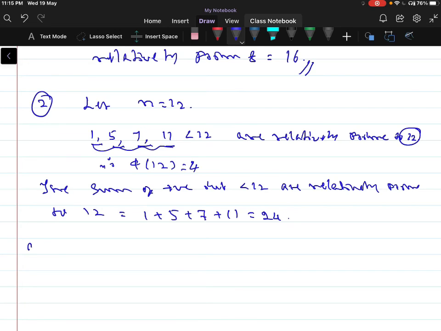And let us calculate 1 by 2 into n into phi(n), so 1 by 2 into, where n is 12, into phi(n) is 4, so 2 into 12, that is 24, therefore result is verified.